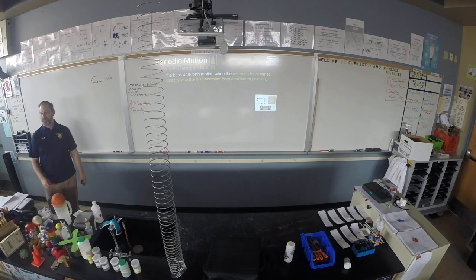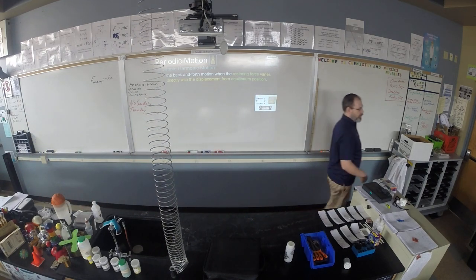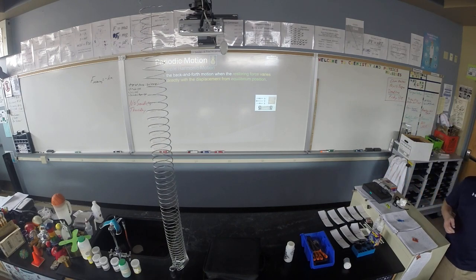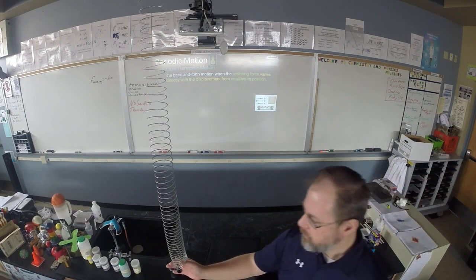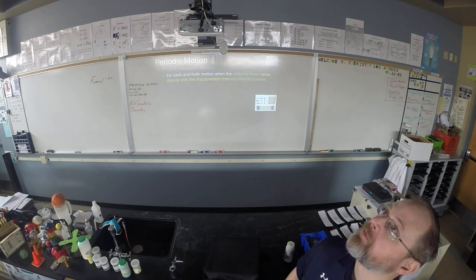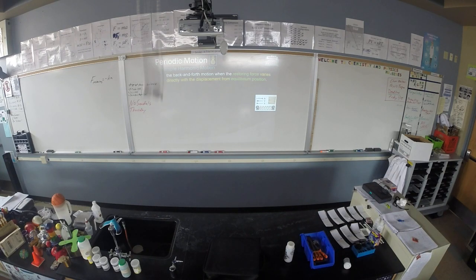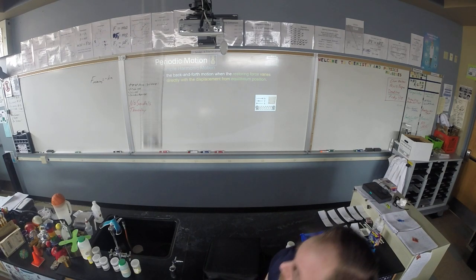But the important thing is, as you get further from the equilibrium position, you have more restoring force. If I pull this weight way down away from the equilibrium position, there's a lot more restoring force, as evidenced by a lot more acceleration. So much so that the weight just popped right off.